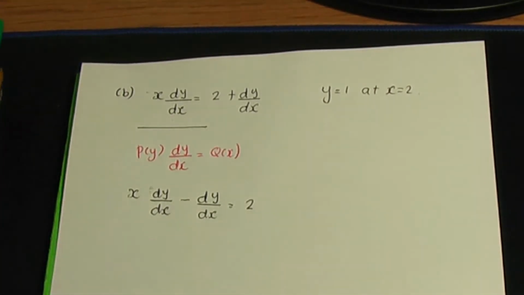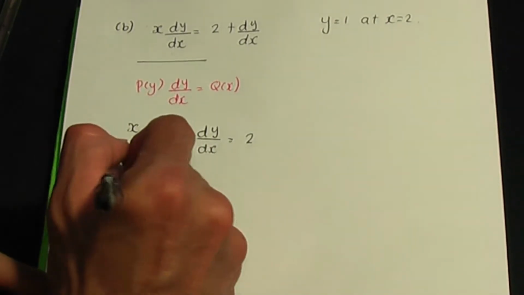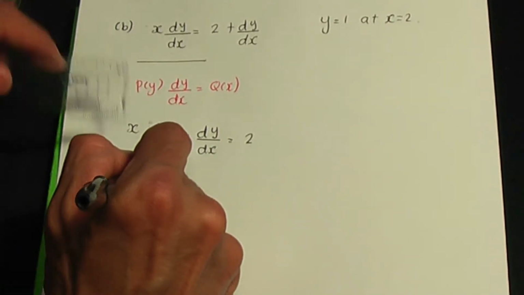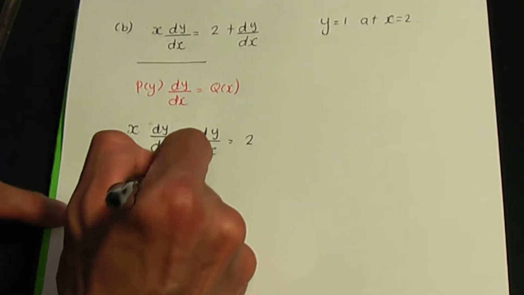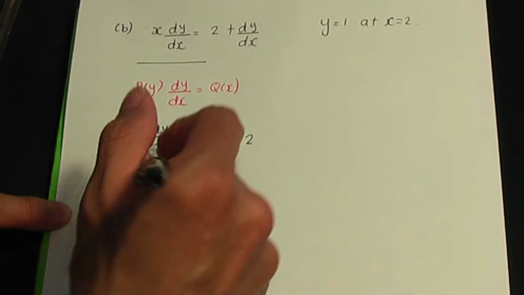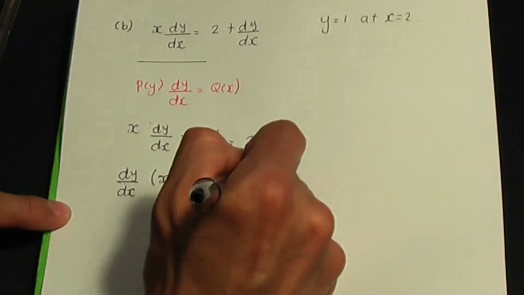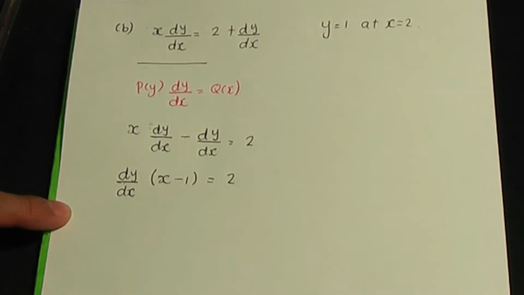I'm keeping the remaining term on the right hand side. Now let me take a common factor of dy over dx. We're left with x minus 1, and that is equal to 2 on the right hand side.